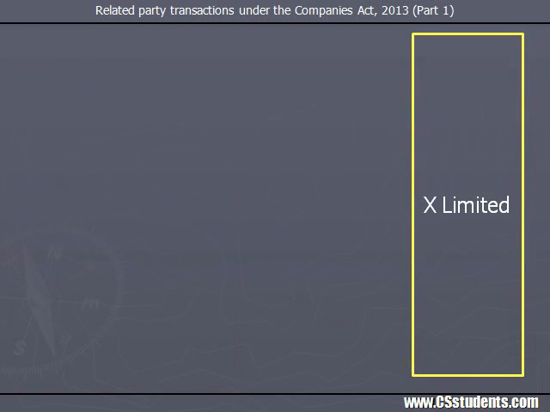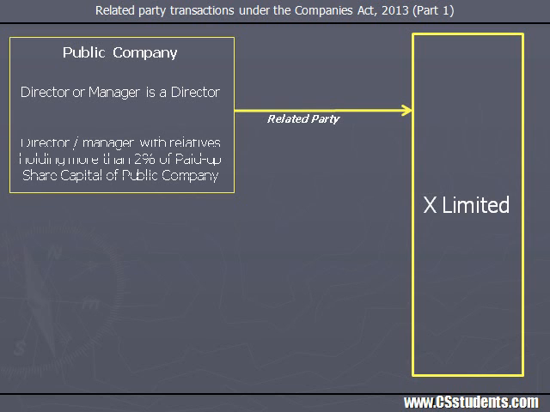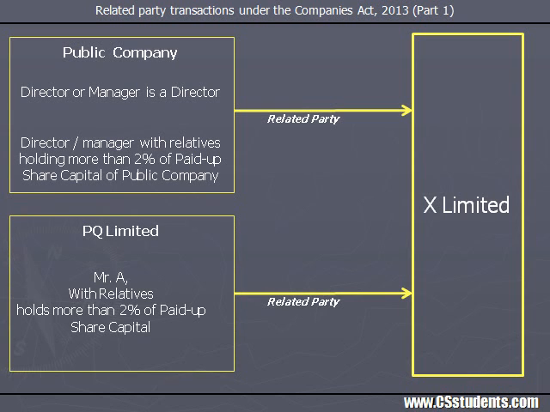Next comes to the public company. Clause 5 of the definition of related party deals with it. It says that a public company in which director or manager holds directorship is a related party. So, mere common directorship between two companies would make two companies related parties.